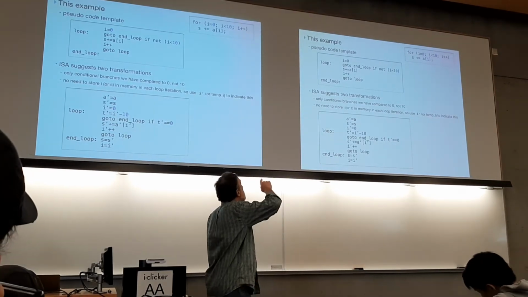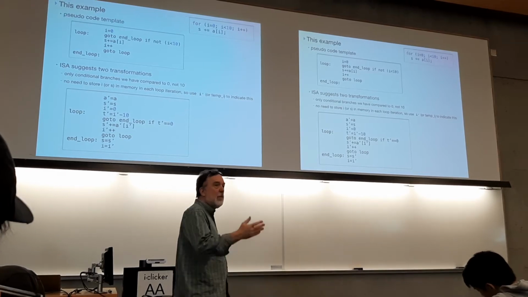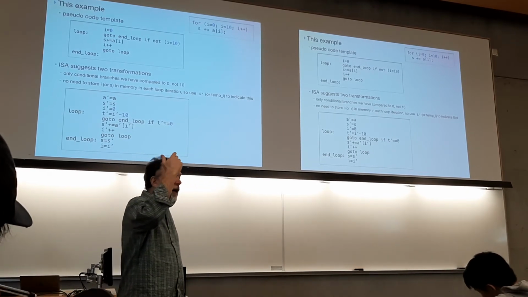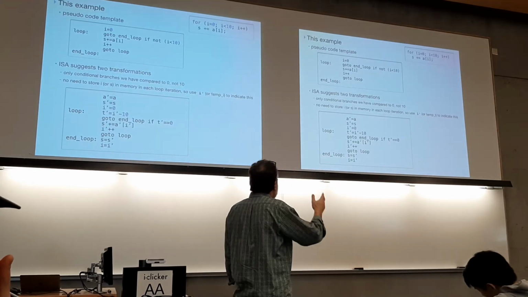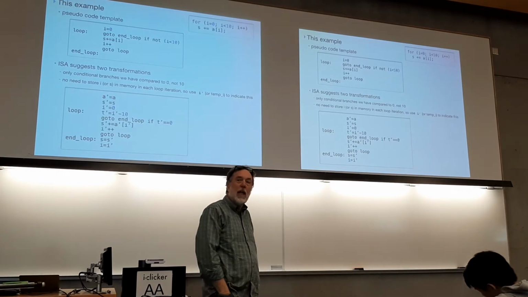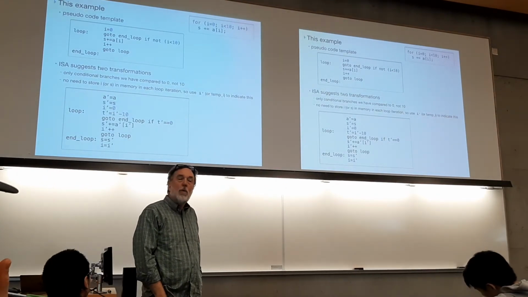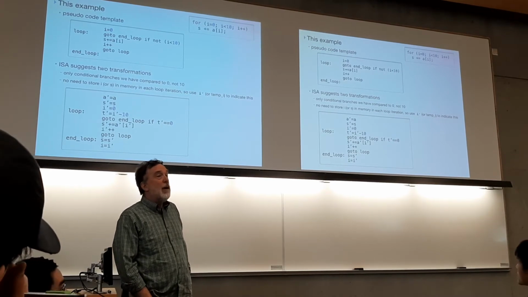Okay, so this is the for loop we were looking at last time. The simple loop goes through an array of 10 things and adds up every element in the array. Every for loop can be converted into C code that doesn't have the for loop, just has gotos, following the template.